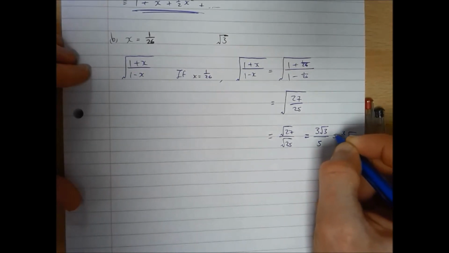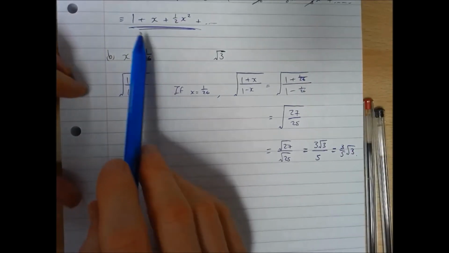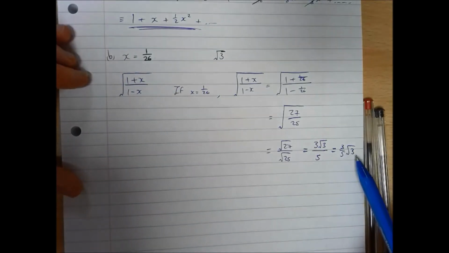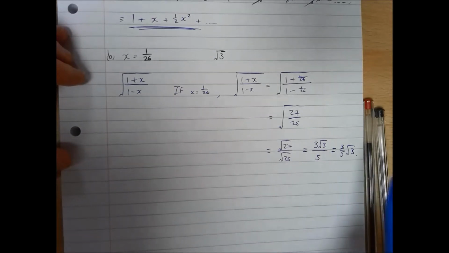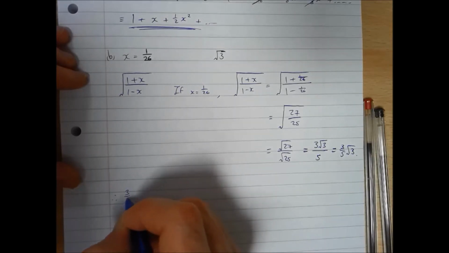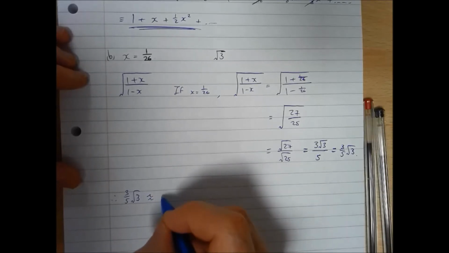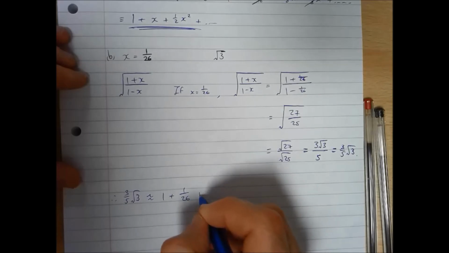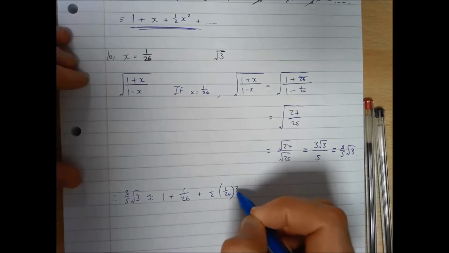Okay, so when we substitute our 1/26 into our expansion, that's actually given us an approximate value for 3/5 root 3. With a little bit of rearrangement at the end, we can then isolate the root 3, or make root 3 the subject. Okay, so therefore we know that 3/5 root 3 is approximately equal to 1 plus x, which is now 1/26, plus a half x squared, so 1/26 squared.